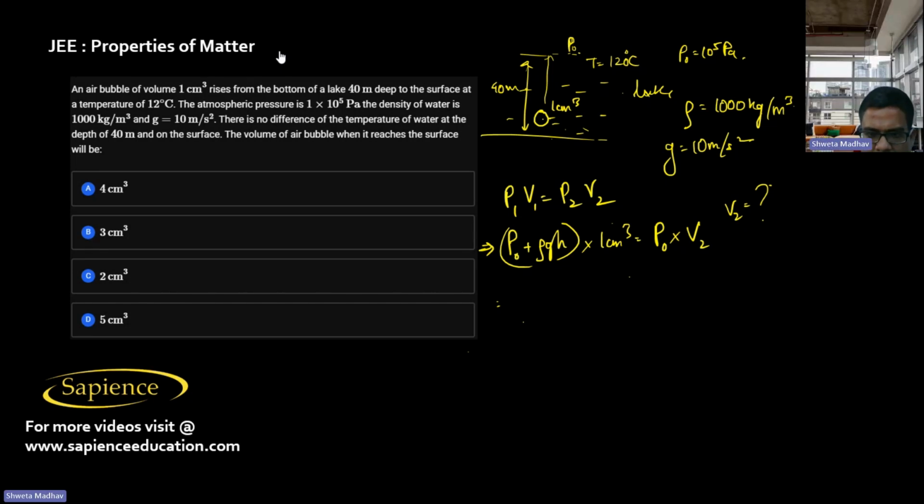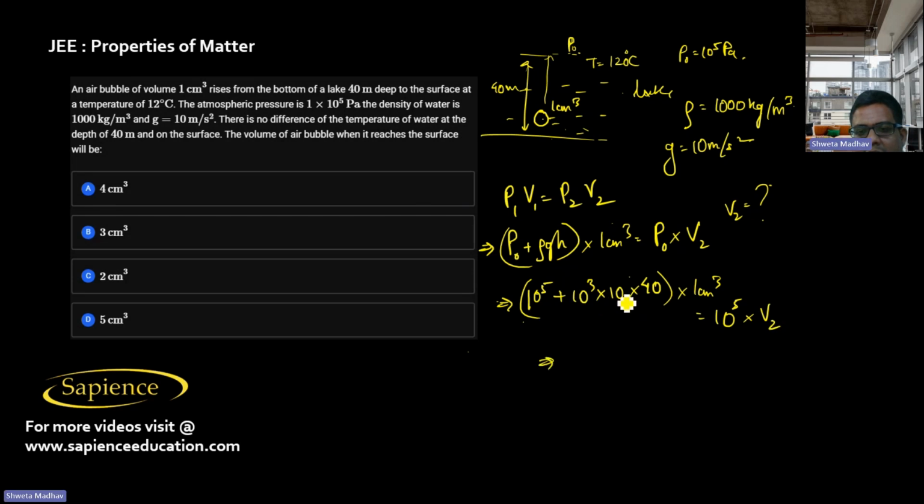Here P naught, the atmospheric pressure, is 10 power 5, plus rho g h: rho is 10 power 3, g is 10, h is 40, into 1 centimeter cube, is equal to 10 power 5 Pascal into V2.